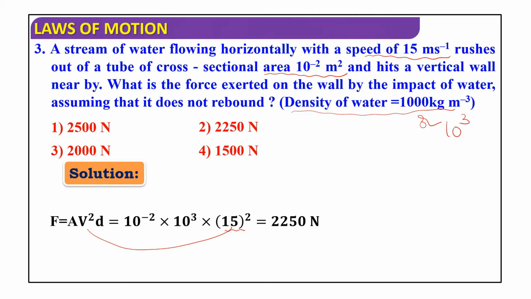So V is 15, D is 10 cube, and A is 10 to the power of minus 2.